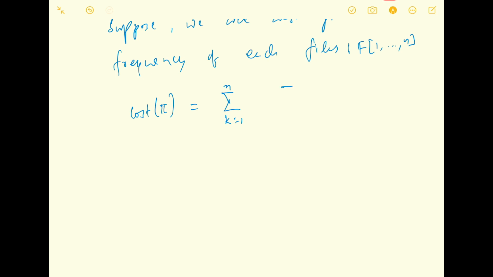This is the summation of L pi i, i equal to 1 to k, and this particular file pi k is accessed f pi k times.